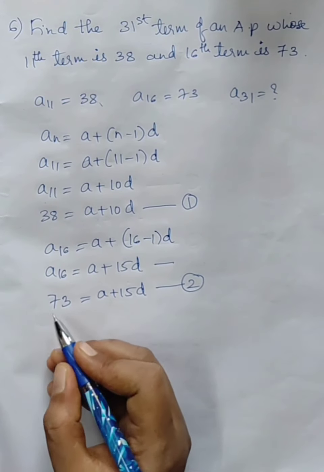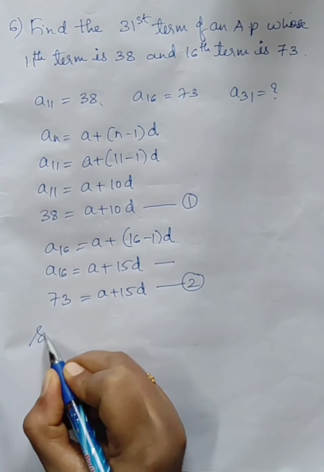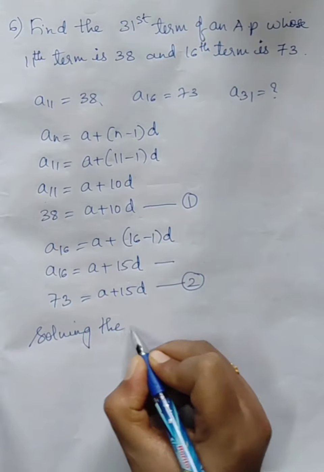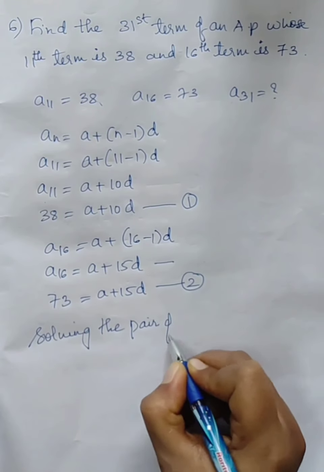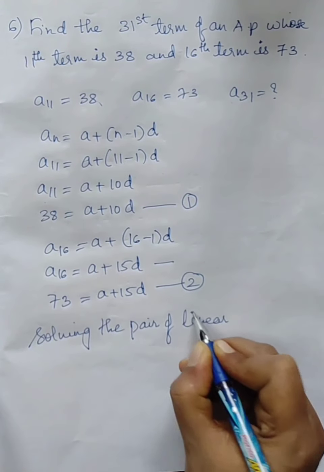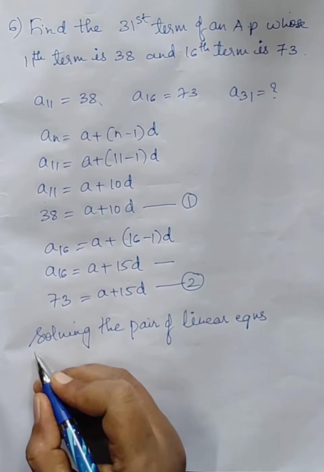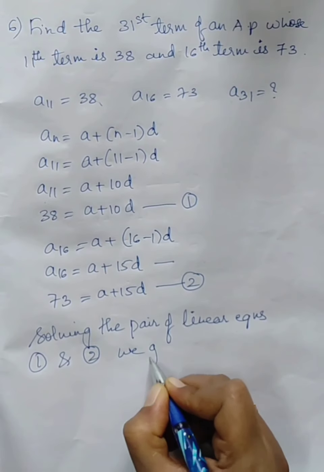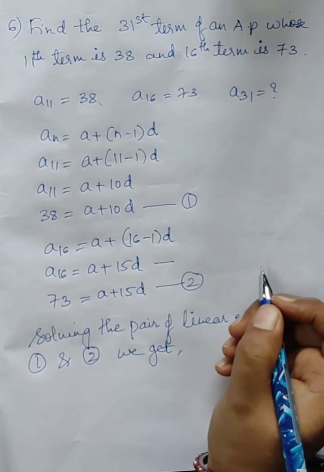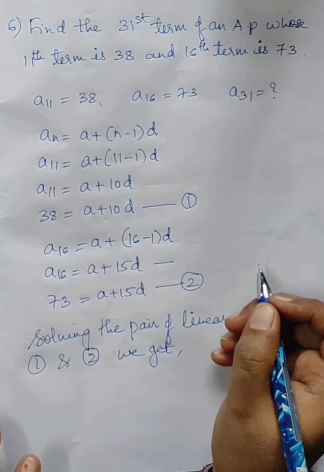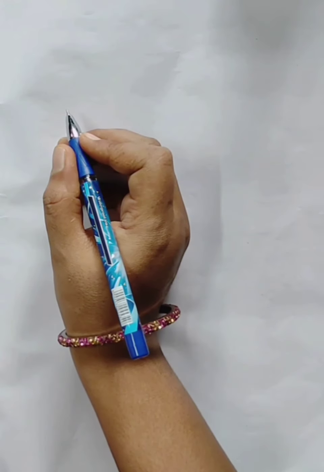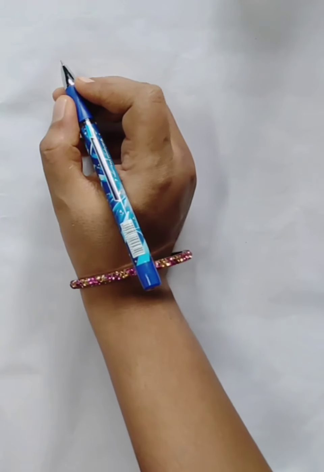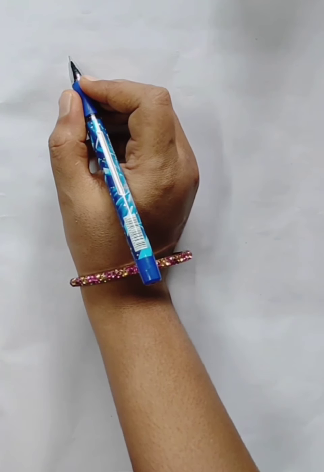First of all, I am going to write here: solving the pair of linear equations 1 and 2, we get. So how are we going to solve this now? Solving the pair of linear equations 1 and 2, you are going to write here equation 1 and 2.